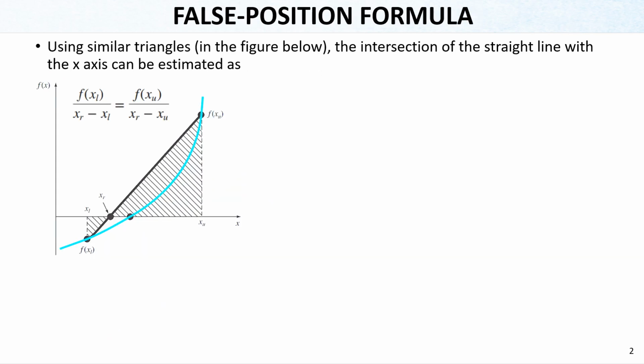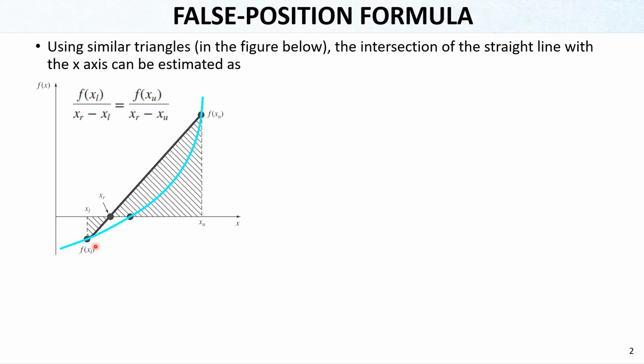We are going to see the false position formula in the slide. If you remember, in the bisection method, we only find the midpoint by dividing xl plus xu by 2. But now we are going to have a linear interpolation. That's why we have two triangles, as you can see. One is at the bottom for xl, and one is between xr and xu.